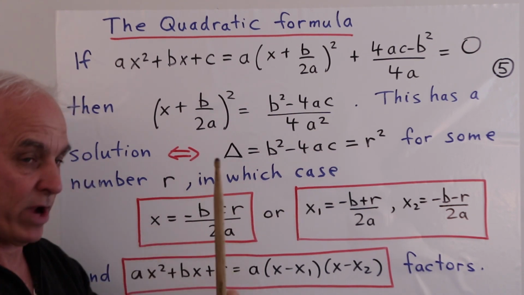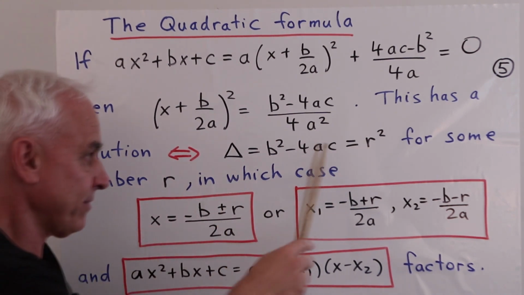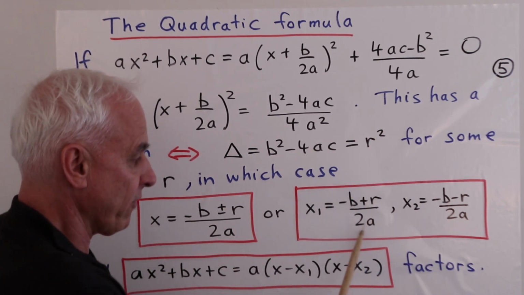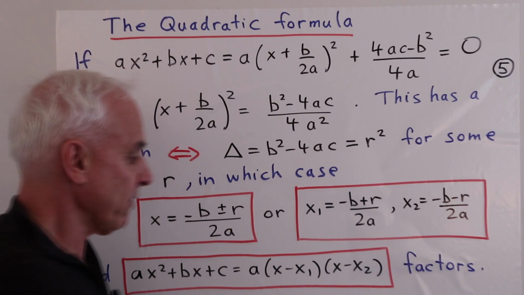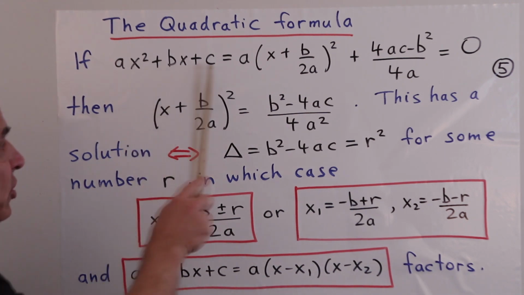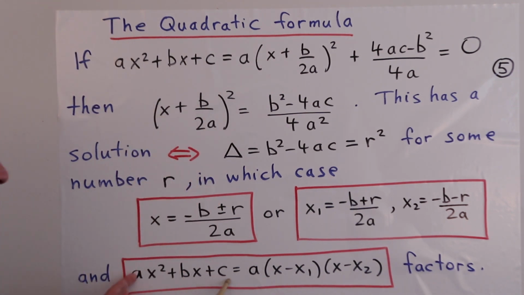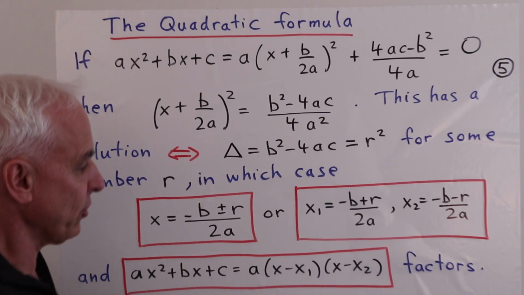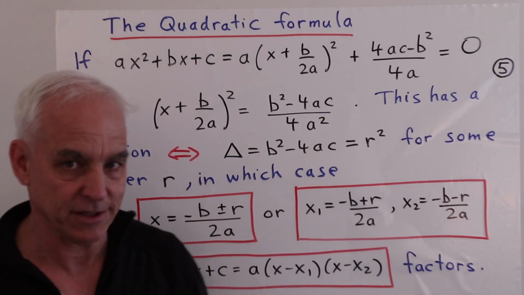And if it is a square, then in terms of writing it as r squared, we can write down the solutions as minus b plus r over 2a and minus b minus r over 2a. And in this case, then furthermore, the original quadratic expression factors as a times x minus x1 and x minus x2, where x1 and x2 are exactly these values here.